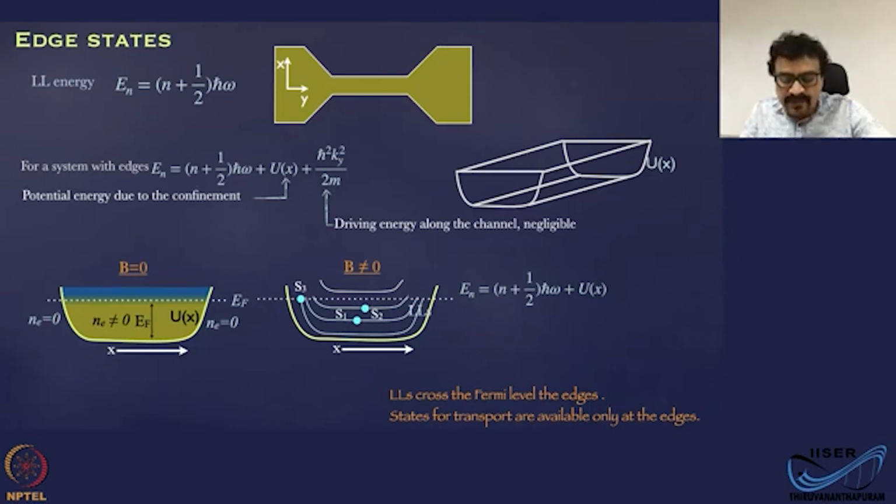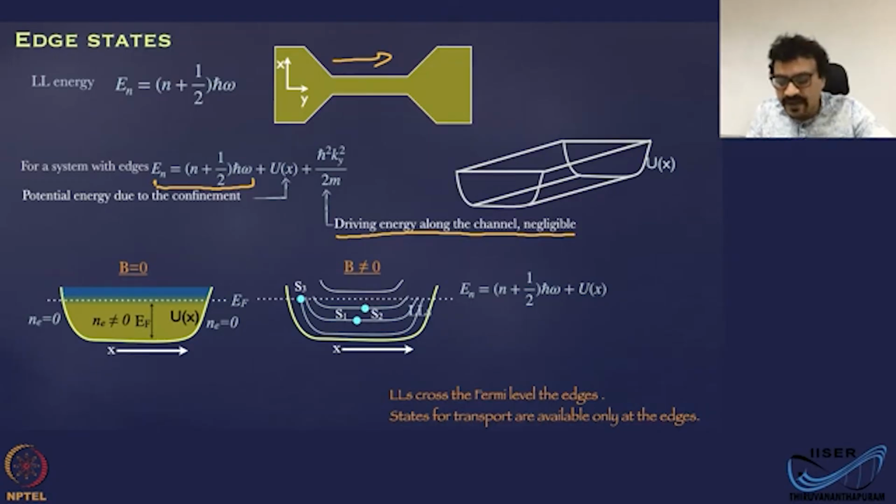Now, the total energy of the electron in the system, say the electrons are moving in the y direction, so they are driven in the y direction by the application of a small voltage, which you can assume is very negligible compared to other energy scales in the problem. So that is ħ²ky²/2m. Okay, and this is the quantized energy as a result of the application of the magnetic field.